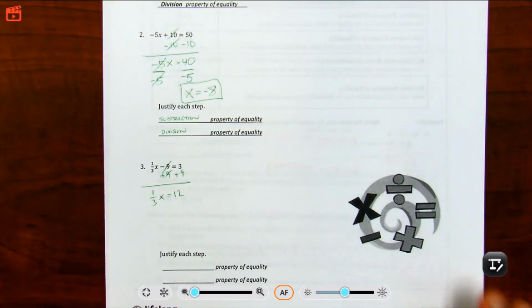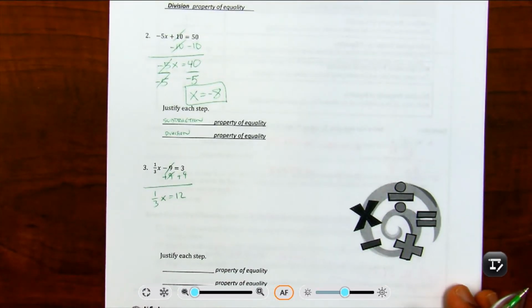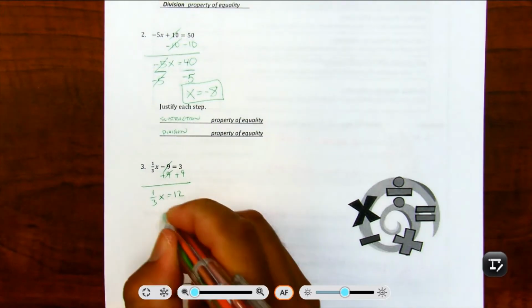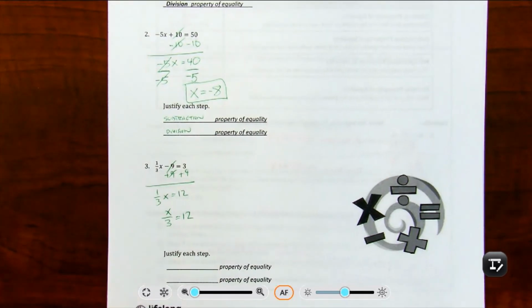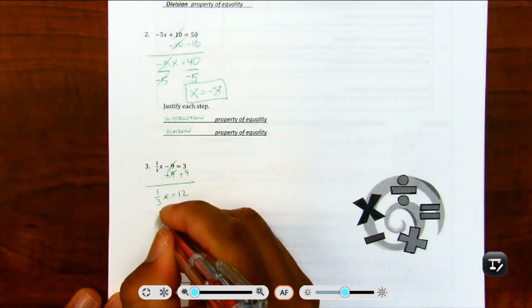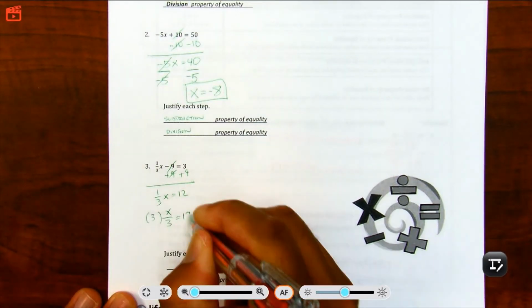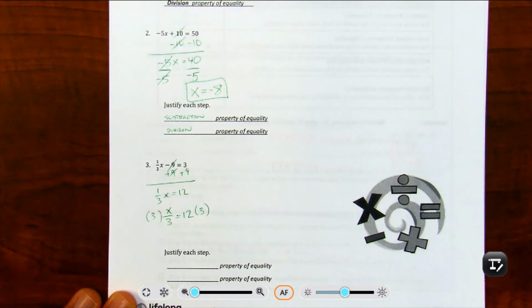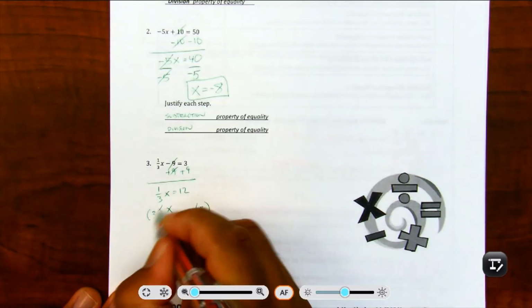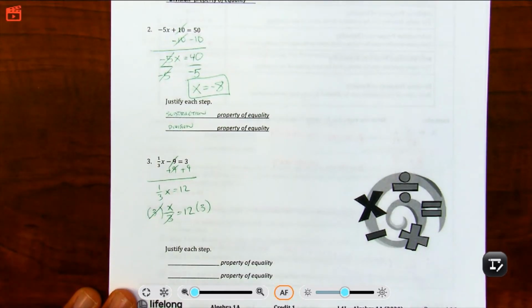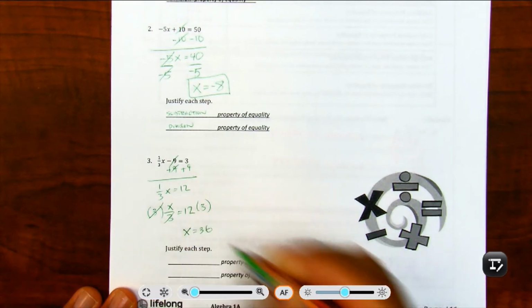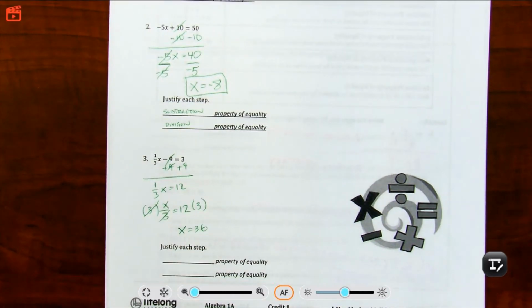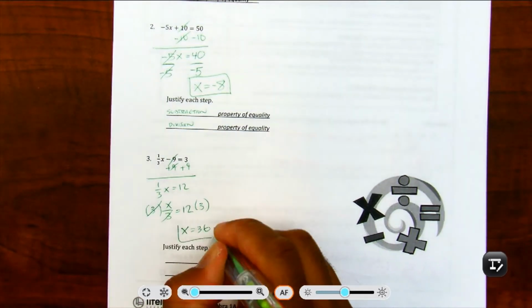Remember that 1/3 x means x divided by 3 equals 12, and the opposite of dividing is to multiply both sides by 3. So this 3 and this 3 cancel each other out. 12 times 3 is 36, so x is equal to 36. And the properties that we used were addition and multiplication.